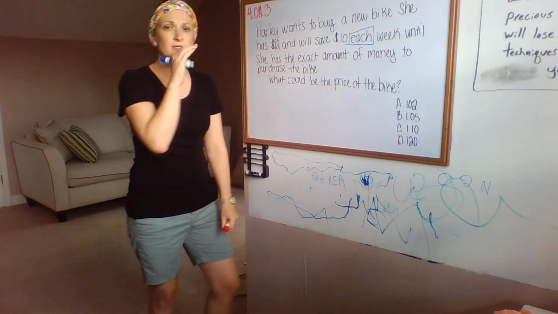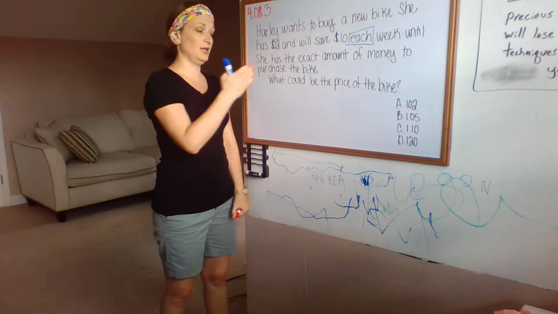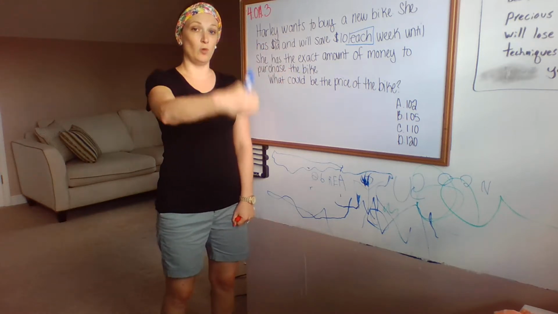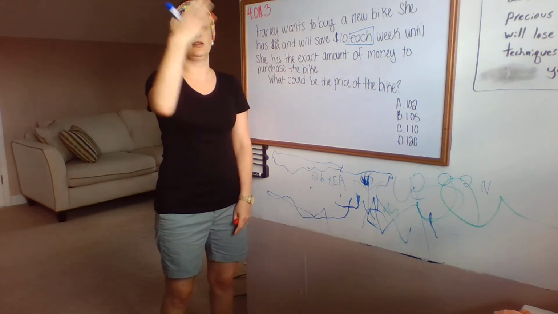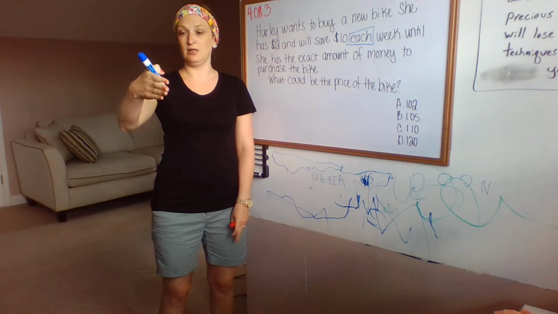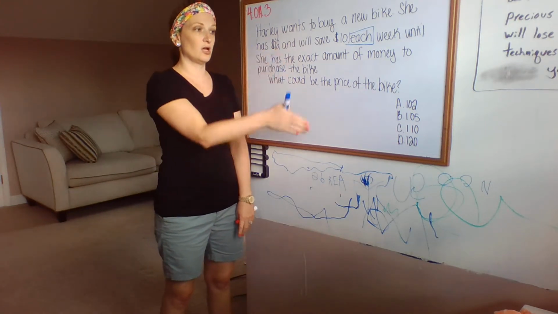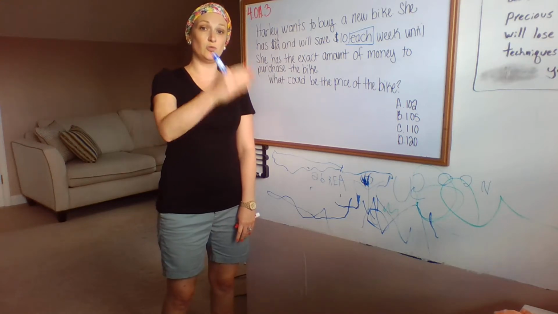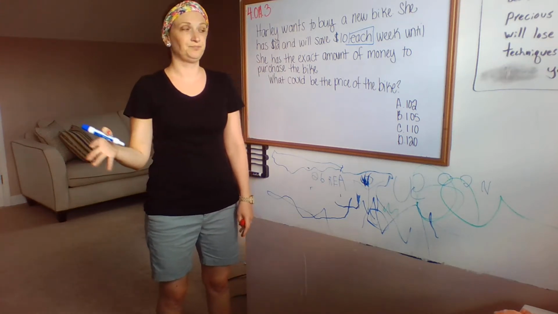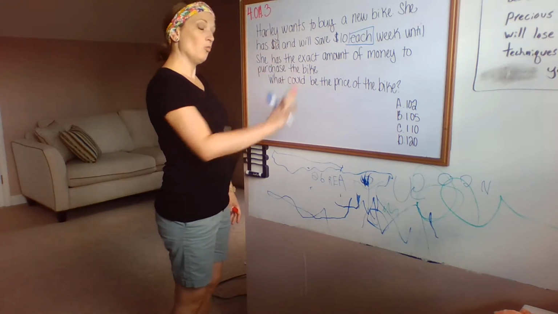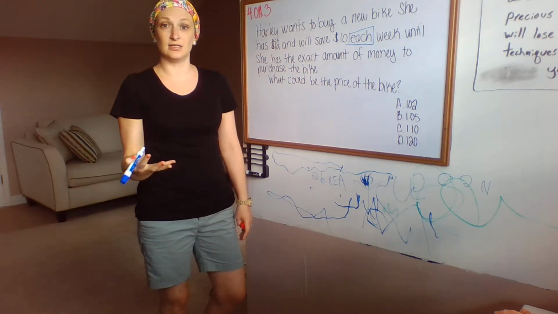Again, each is groups, but it can also be a consistent pattern. So in 1 week, how much is she saving? 10. The next week, 10. The next week, 10. The next week, 10. So we're not talking about groups of things, we're talking about a consistent pattern because each week she's going to save 10. Okay? And following this pattern is going to get us to the number.